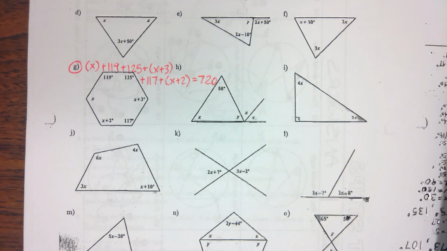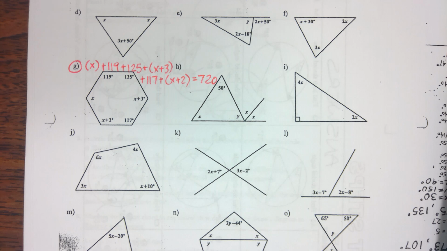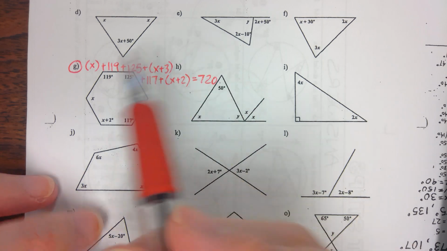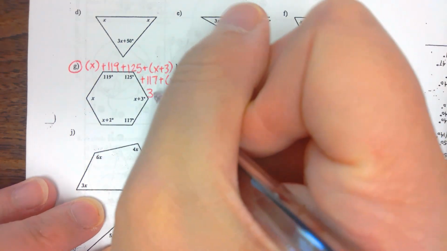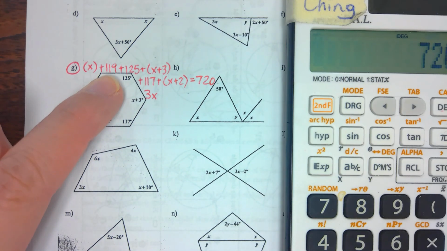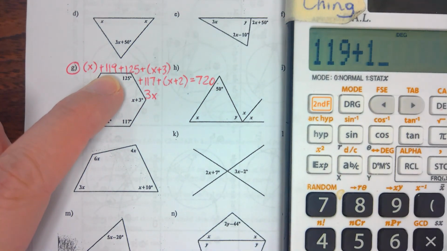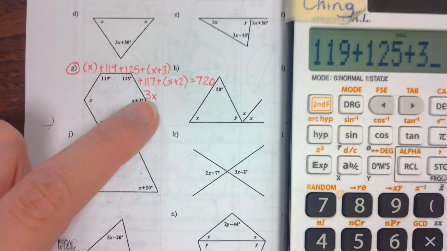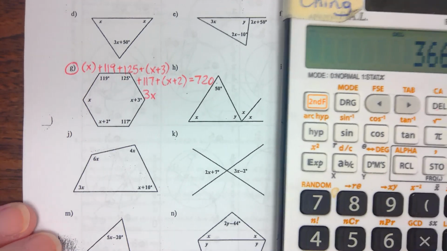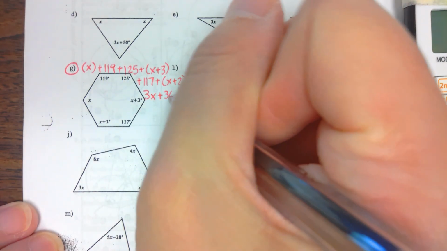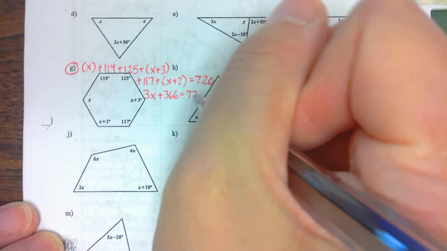Remember, tomorrow you will need to know how to do algebra. We've been practicing since chapter 4, so by now you should be very good with algebra. So x plus x plus x, you get 3x. And 119 plus 125 plus 3 plus 117 plus 2, you get 366. So 3x plus 366 equals 720.